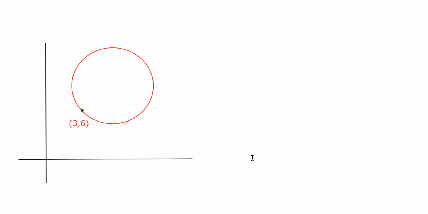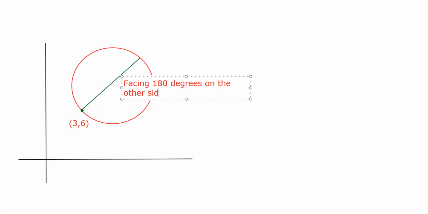And now let's say on that same circle, there is a point facing 180 degrees away from it. 180 degrees on the other side. So it's not just barely over here. No, it's completely a full half rotation around the circle. There's another point up there. Let's say it's 9, 8.